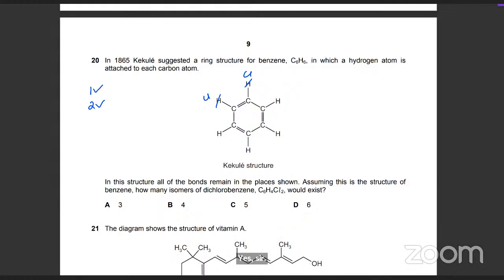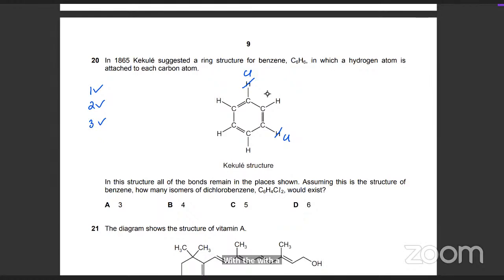Then the Cls might be slightly far away from each other. So there could be 1 Cl over here and 1 Cl 1 carbon atom away, with a carbon atom in the middle. So they're going to have a double bond between them and a single bond between them. So that's your third, with a gap of 1 carbon atom.